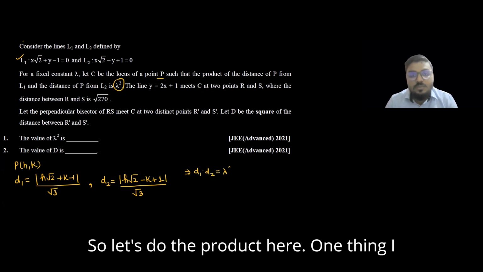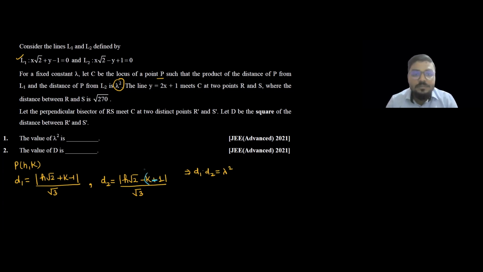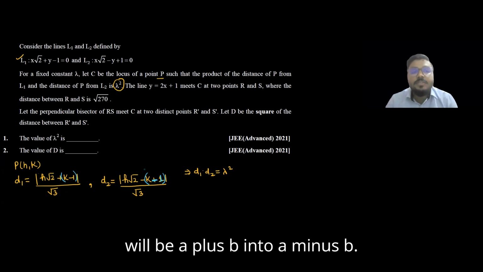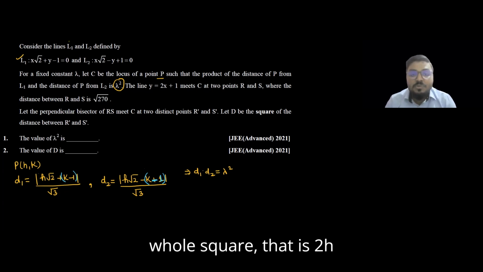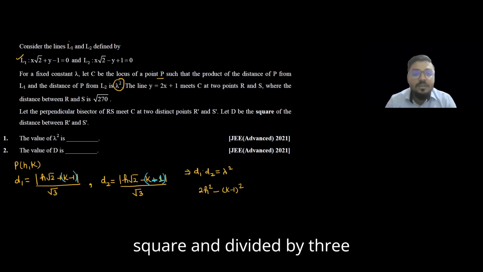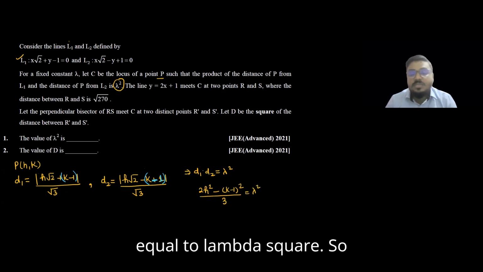So let's do the product here. One thing I can do over here is, if I take minus common, it will be k minus 1. And why am I doing this is because now it will be (a plus b) into (a minus b). So D1 into D2 is now h root 2 whole square, that is 2h square minus (k minus 1) whole square, divided by 3, equal to lambda square.